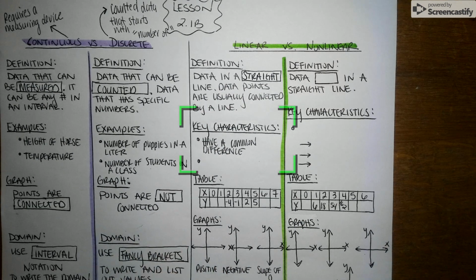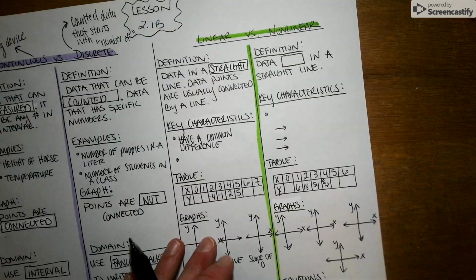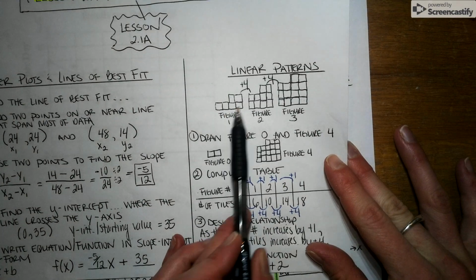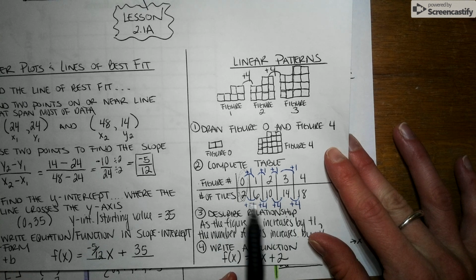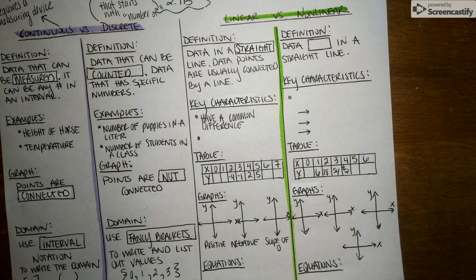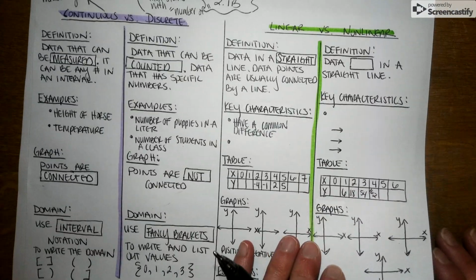A common difference is when you are adding or subtracting the same number every time. If we go back to the first page of your summary notes, remember this linear pattern had a common difference of adding 4 each time. Your common difference can be either adding or subtracting the same number every time.